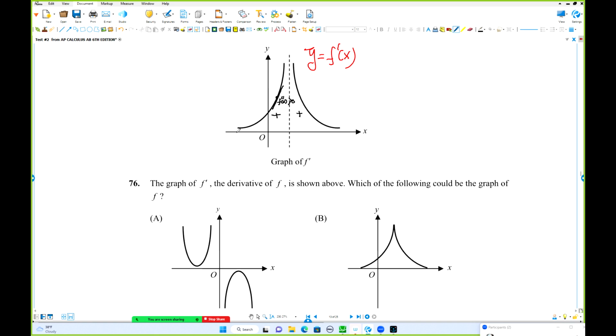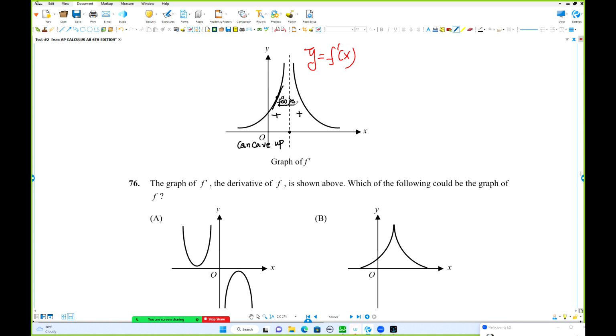So in this section, from negative infinity up to these numbers, it's going to be increasing and concave up. This is positive, so it is concave up, right?